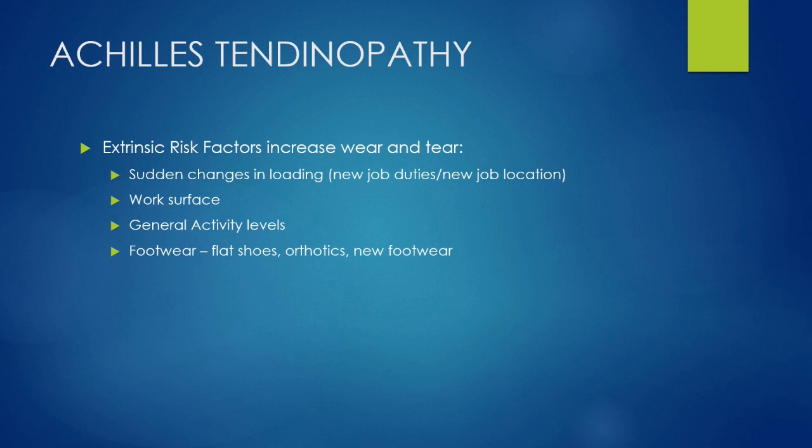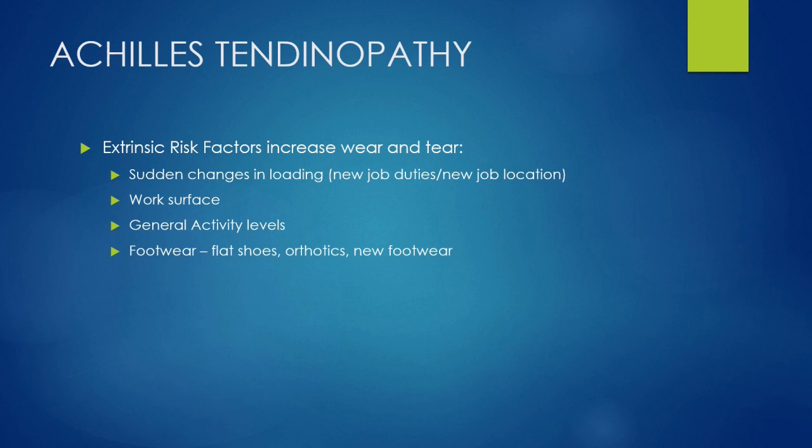Sudden changes in loading seem to be a primary risk factor that increases the wear and tear on the tendon. You'll hear employees talk about how they were assigned new job duties, or duties at a new job location, perhaps a location involving walking up and down hills, whereas customarily their job duties involve simply navigating flat surfaces.